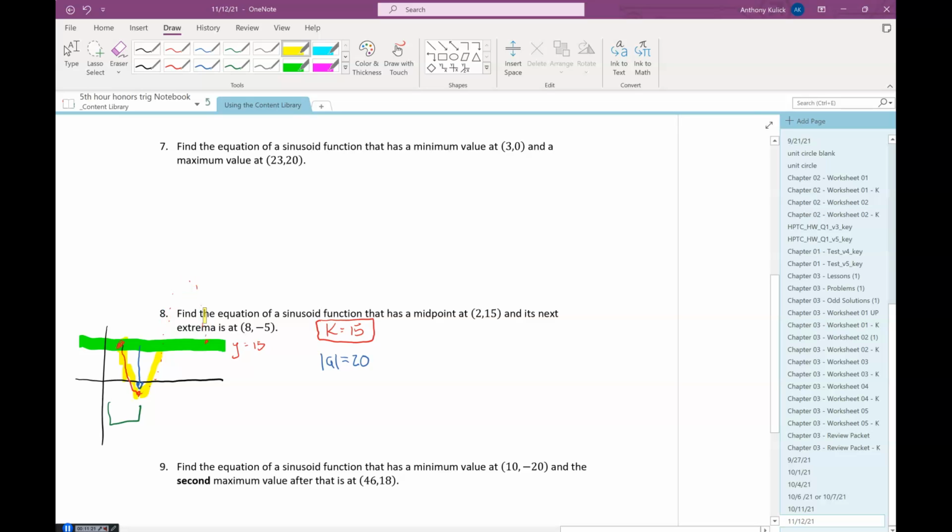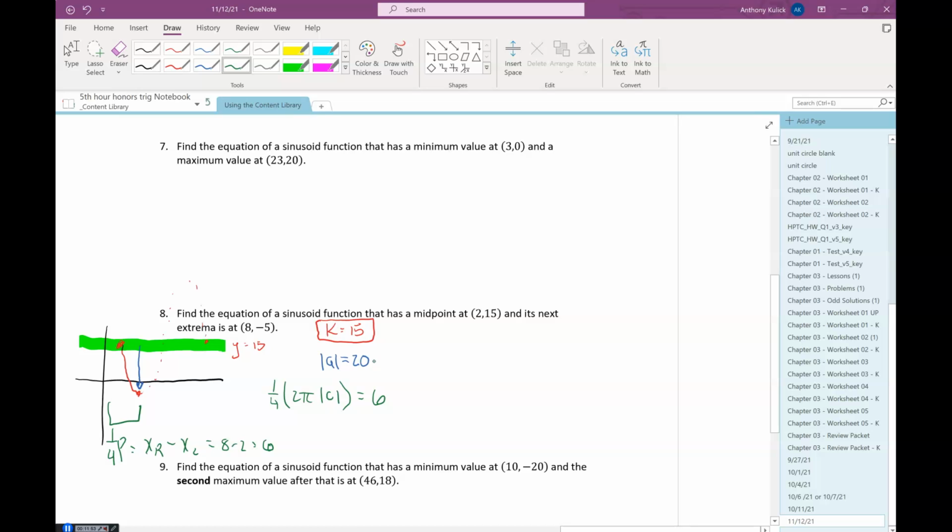Which is why I drew the whole period initially. So I know 1/4 of my period is going to be the x from the right-hand side minus the x from the left-hand side. So that's 8 minus 2, or 6. So I have 1/4 of a period, and a period is 2 pi over c, so (1/4)(2 pi / c) is equal to 6.